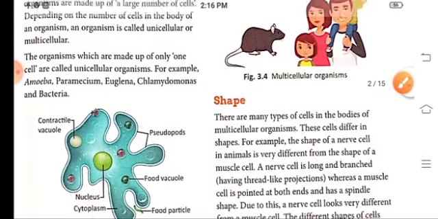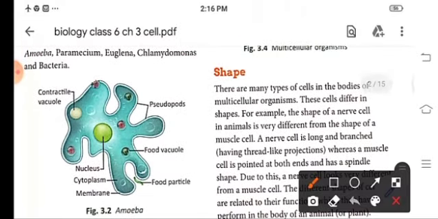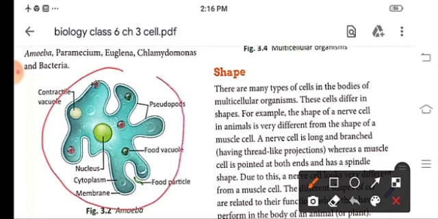So here is the diagram of an amoeba cell. Now this amoeba is a single cell, or it is unicellular. Uni means one. So this is a single cell of amoeba. It has the nucleus, cytoplasm, membrane, food particle, then food vacuoles, cytopodia.